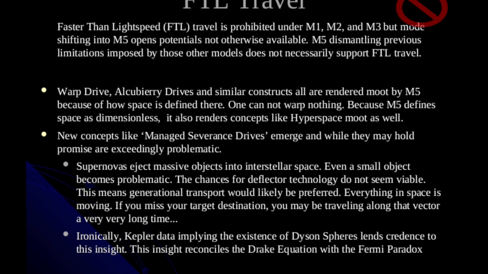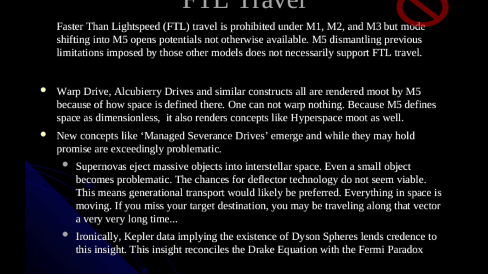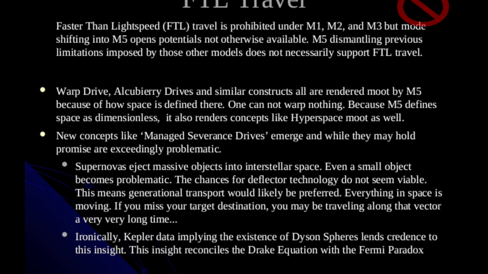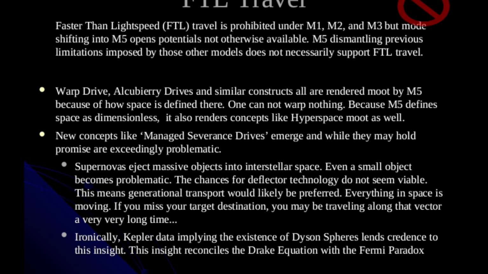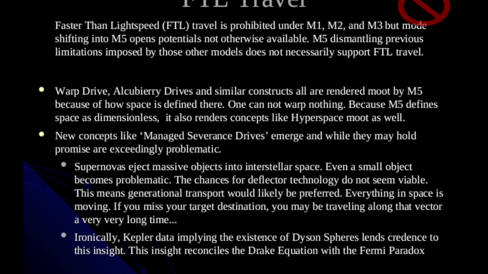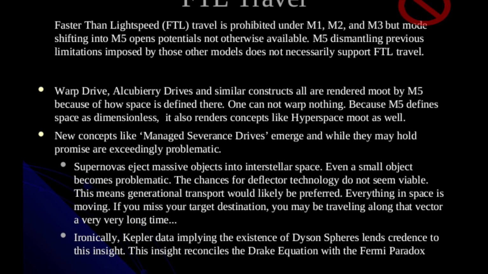It vindicates elegant reasonism, and it also reconciles the Drake equation with the Fermi paradox, which we thought was rather amazing. So it simultaneously explains how life emerges, and life is probably everywhere. And then the Fermi paradox is, okay, if it exists everywhere, how come we don't know about it?